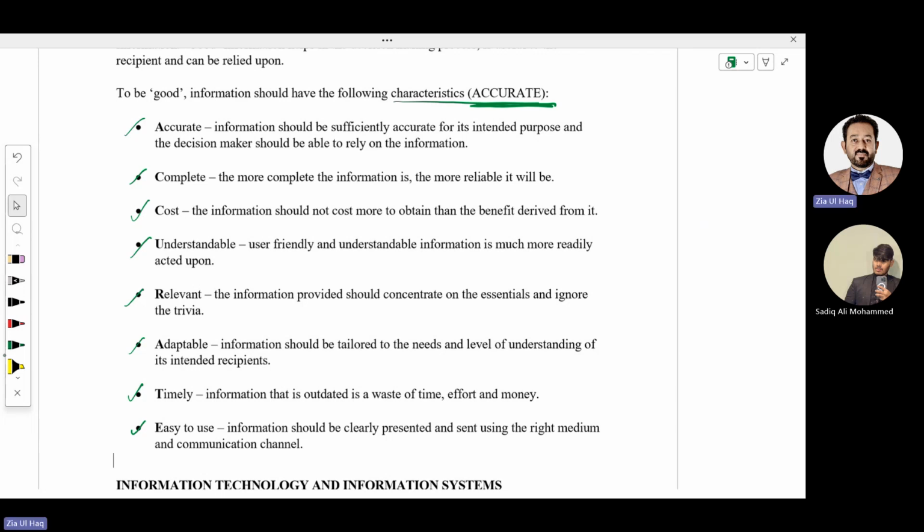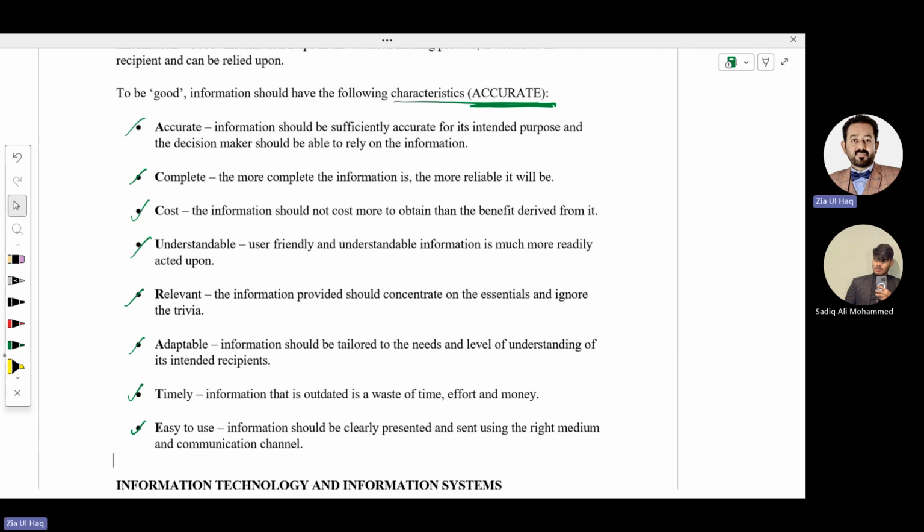If the cost is higher, then that information is not good information. It doesn't say the information should be cheap. No, the benefit always outweighs the cost of obtaining the information. Then the information will be considered quality or good information.